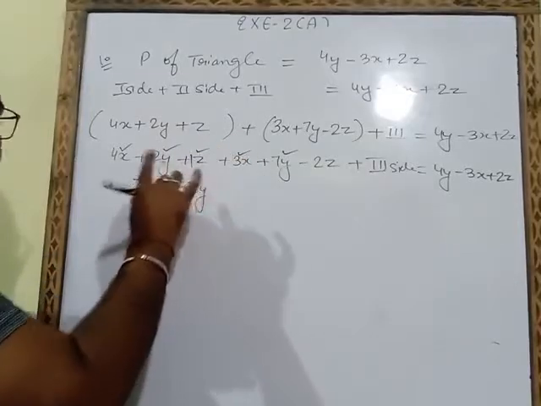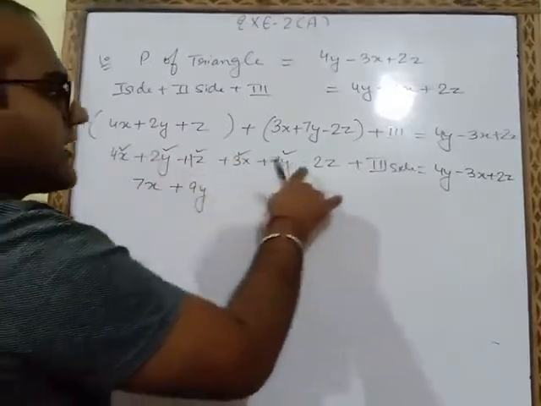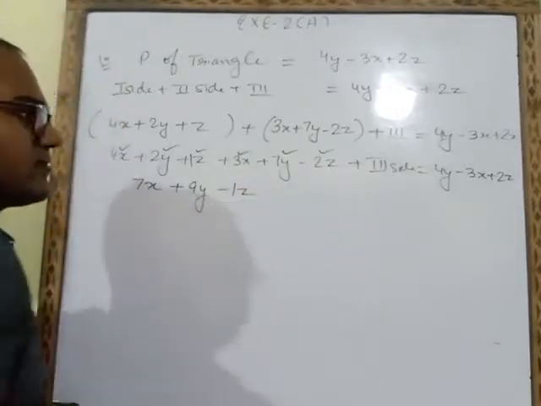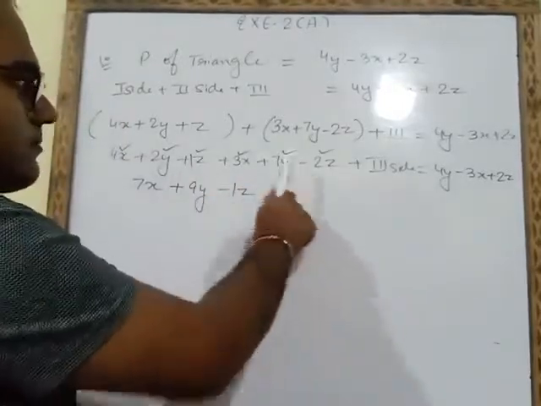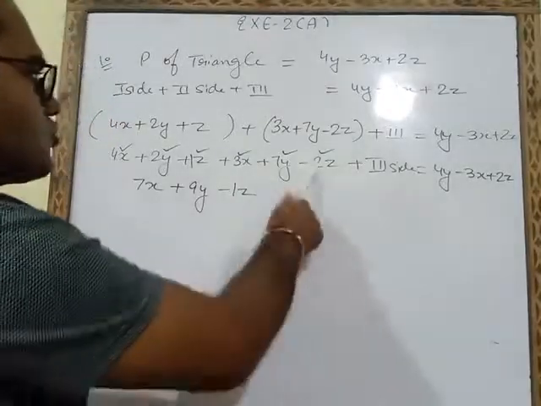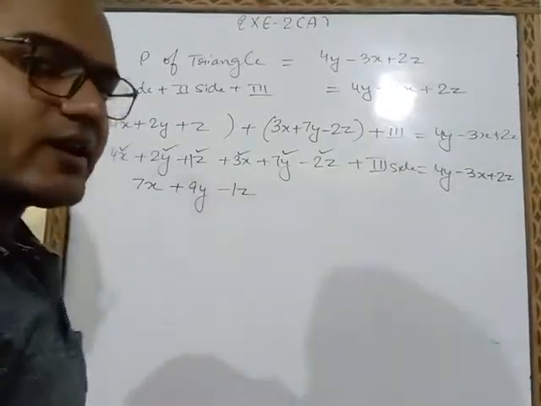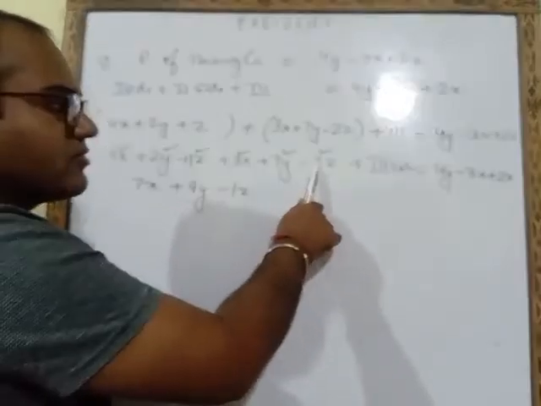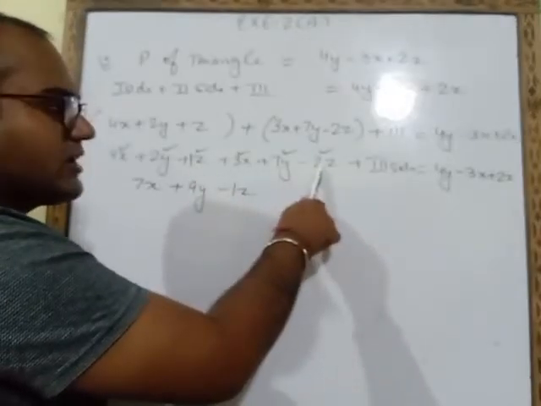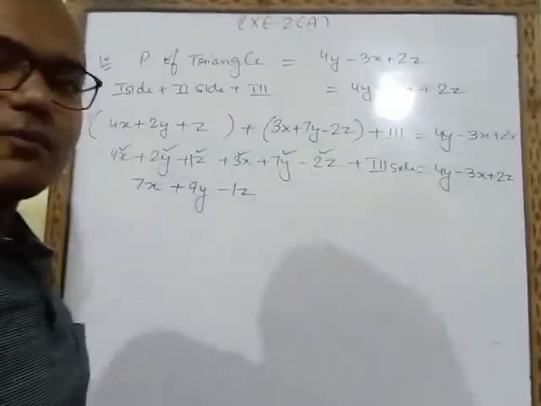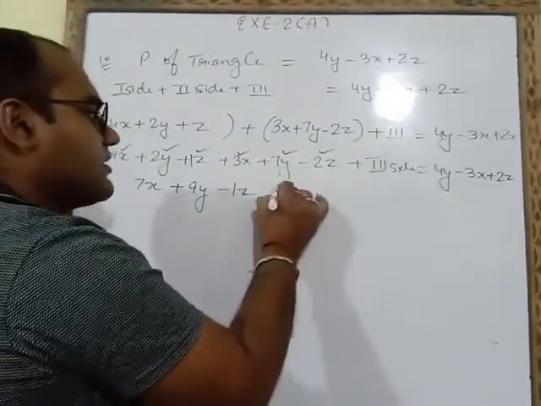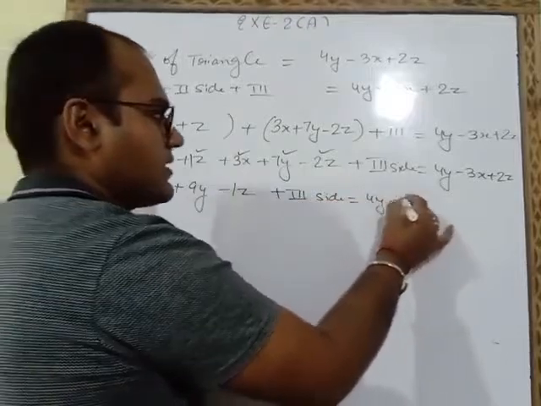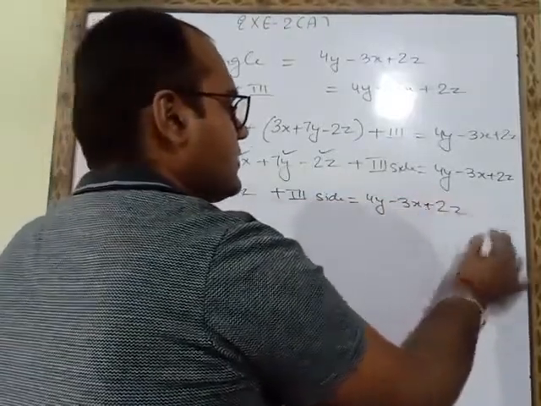Here no number is given, so we will take 1, plus 1 and minus 2, the answer will be minus 1z. Plus minus minus. So 2 minus 1 will be 1. Out of 2 and 1, 2 is greater, 2 is having minus, so we will write a minus sign. Plus the third side is equal to 4y minus 3x plus 2z.